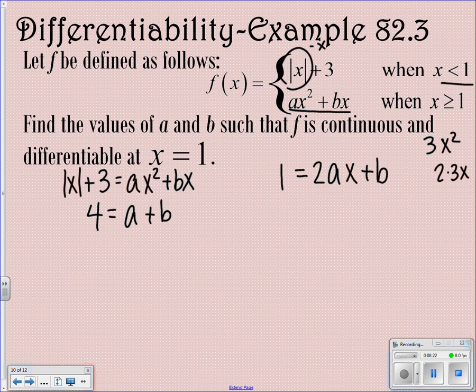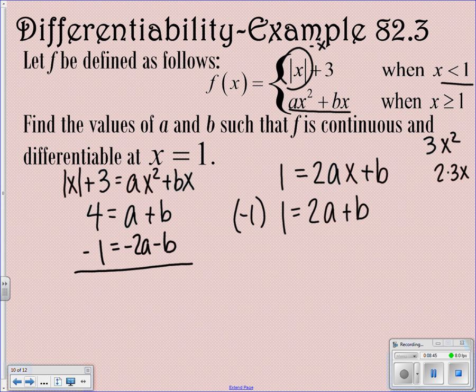Okay? Now we plug in a 1 for our x value. And so we have 1 equals 2a plus b. At this point, you can do substitution or elimination, whichever you want to do. I like doing elimination, so I'm going to multiply this one by -1. And then I would have 3 equals -a.